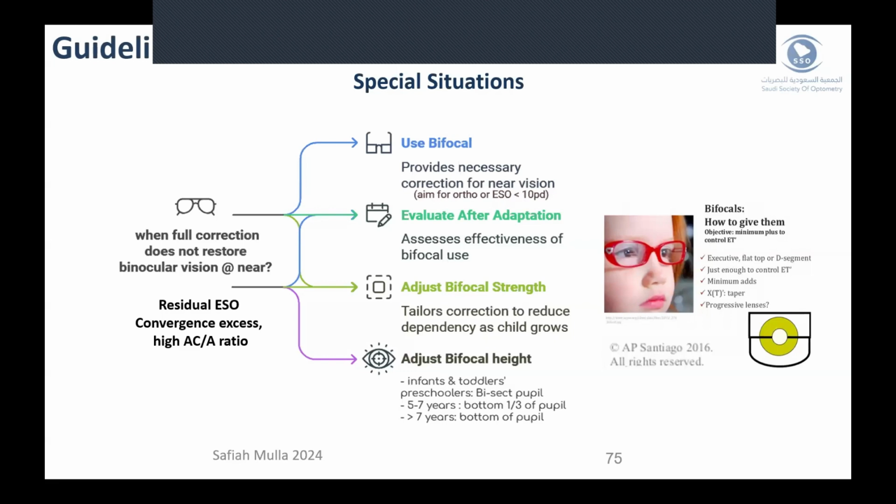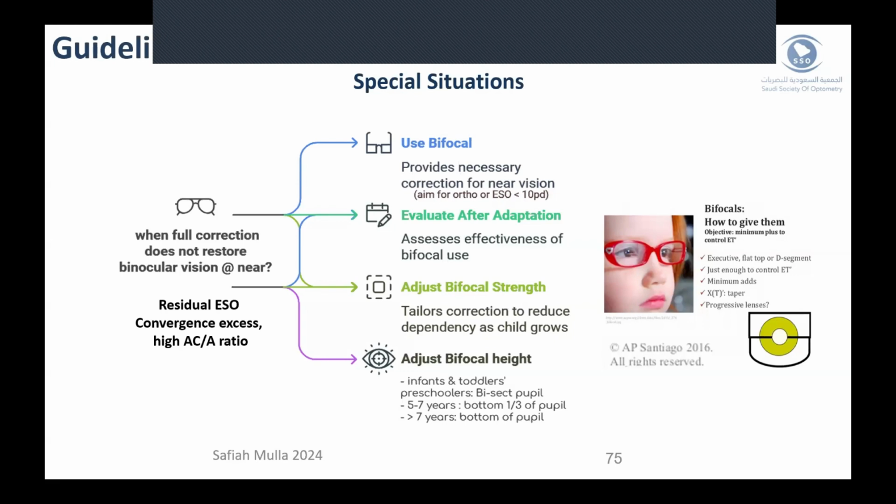You can put that line at the bottom third of the pupil. And at 7 years old, when they now understand how to look through those glasses, you can make the level of that section at the bottom of the pupil. So we have to be careful with the add when we give it to kids, because if it's not adjusted as properly as we need, they may not benefit from it.